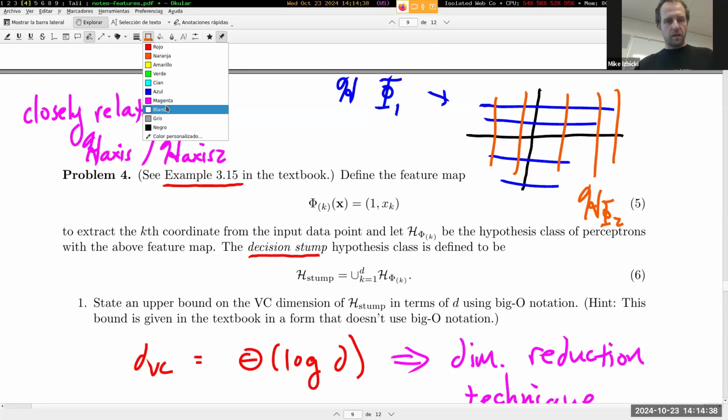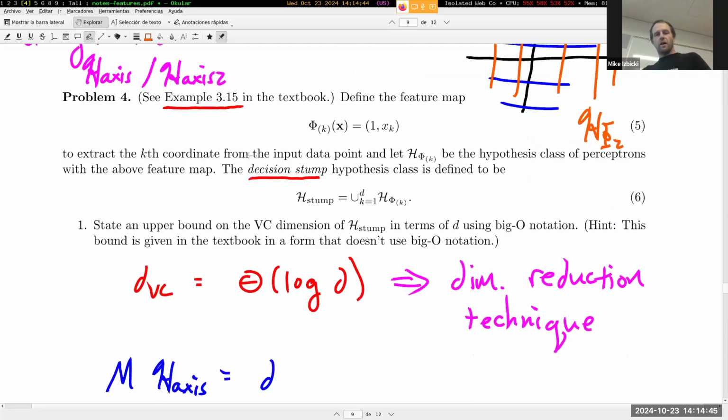let's see, we'll do this in orange. So our perceptron hypothesis class looks like X into the sign of W transpose X, with some other stuff right here.